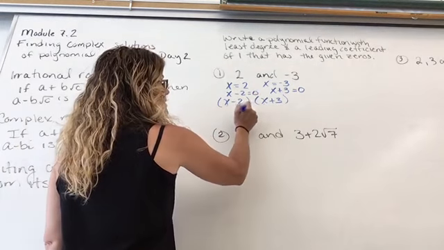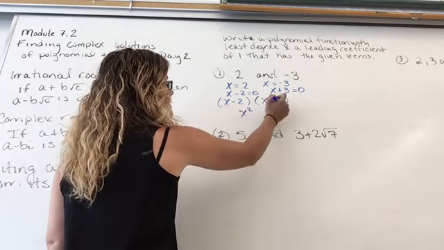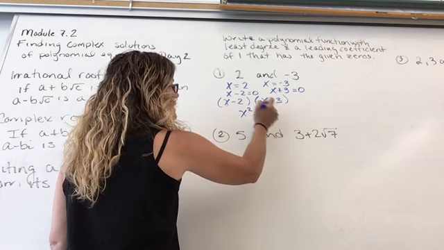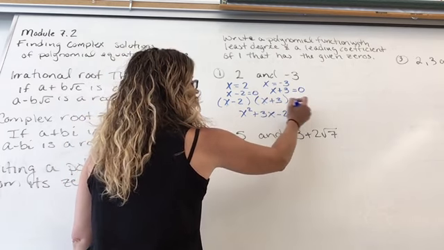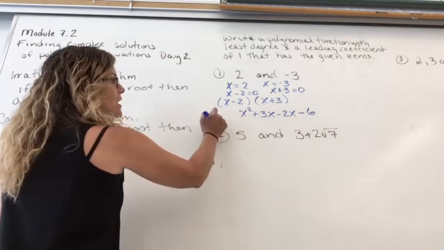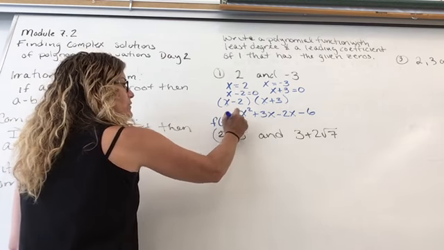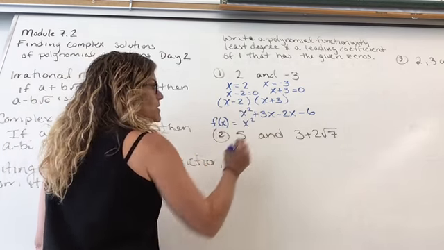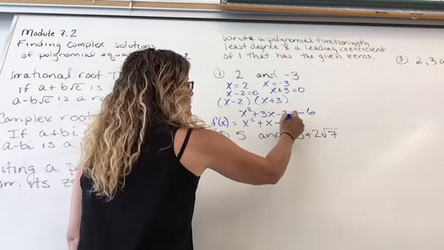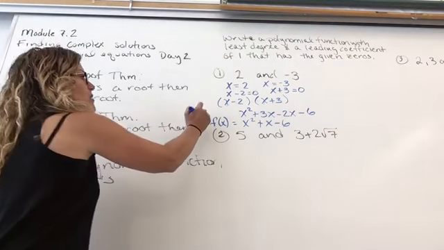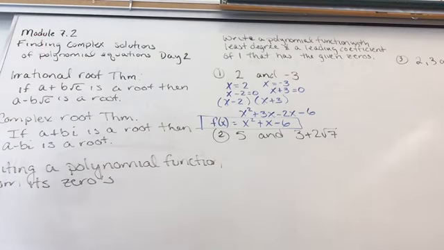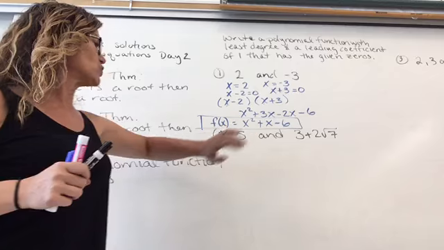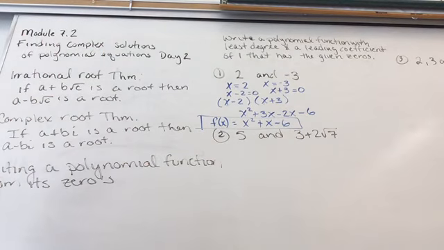So x times x is x squared, x times the 3 is 3x, negative 2 times x is negative 2x, negative 2 times 3 is negative 6. I am going to put an f of x out here in front, combine my like terms, and I have built my polynomial function from the answers. So we're just going in the backwards motion. I had two answers, I have a squared, I'm good to go.